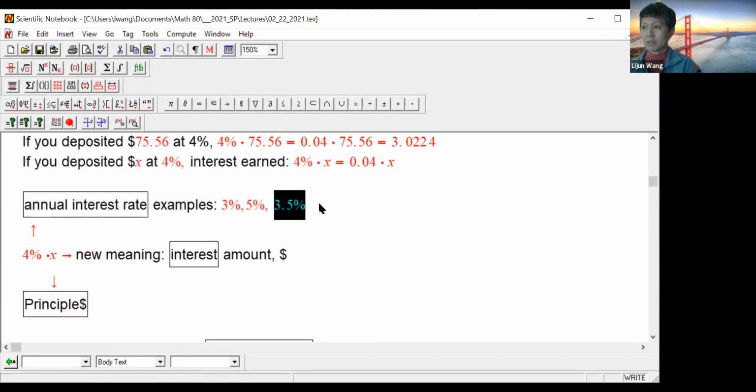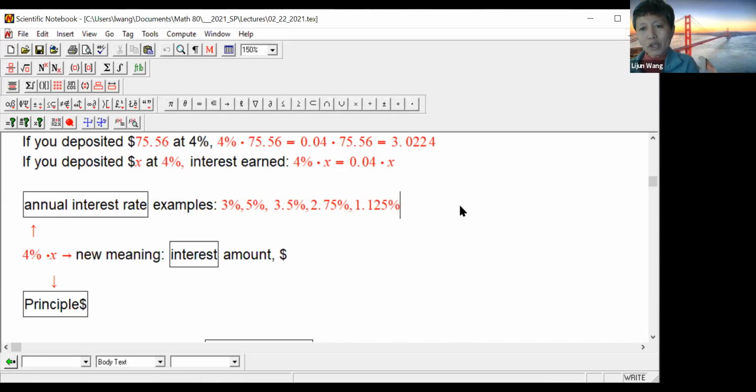Let me show you some percentages, like 2.75%, right? 1.125%. All of these numbers are percentages. They are in the same category, called annual interest rate.